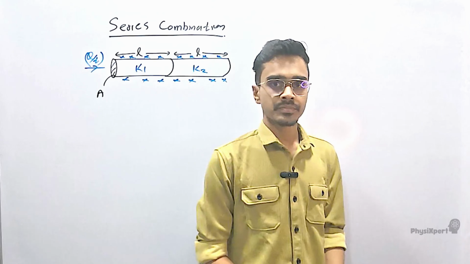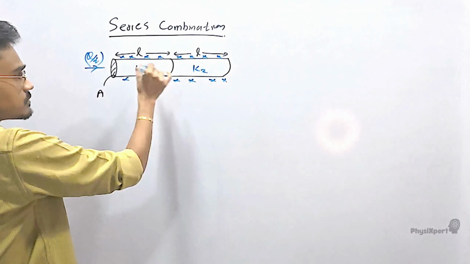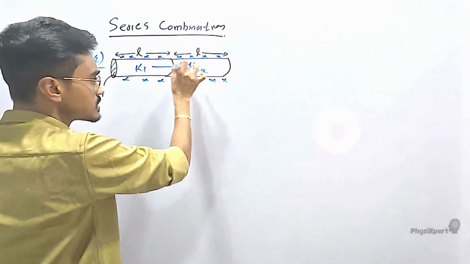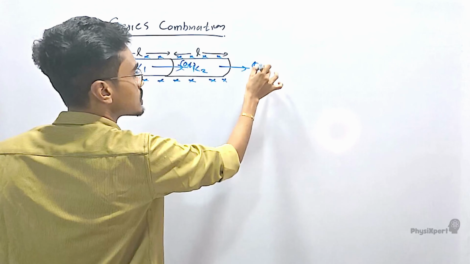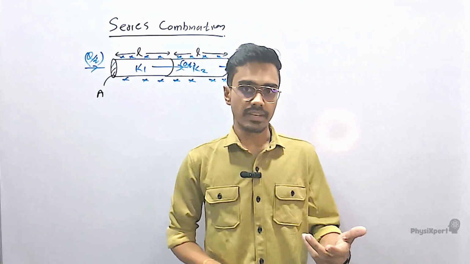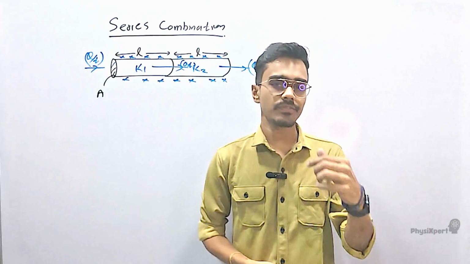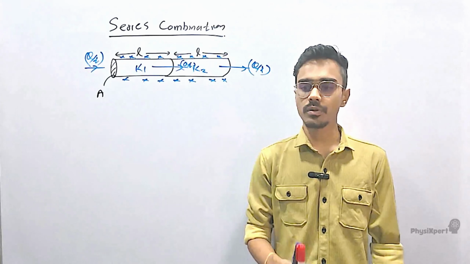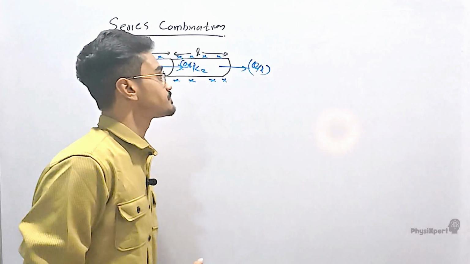So if Q over T comes in, the same Q over T flows through one rod, then the other rod, and goes out from the other end. Therefore, the rate of heat flow Q over T is constant in a series combination of rods.